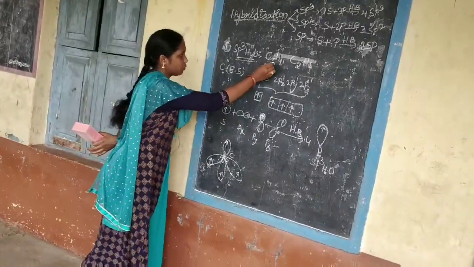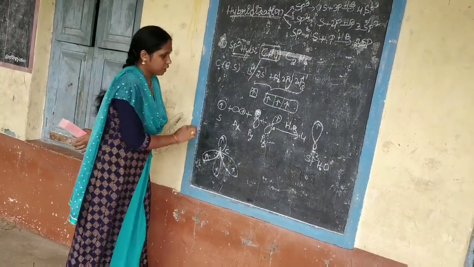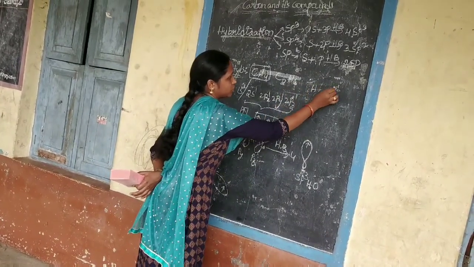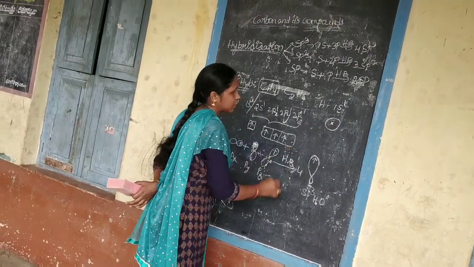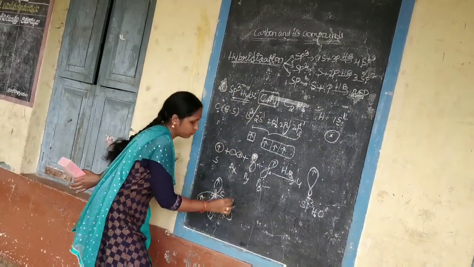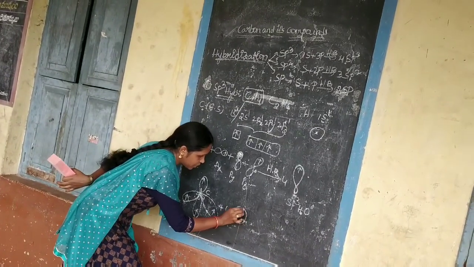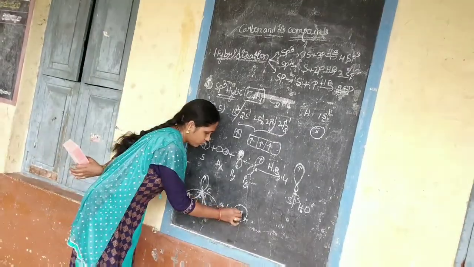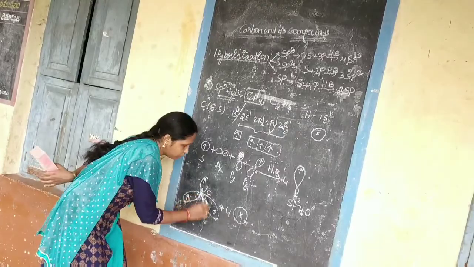Here in a CH4 molecule, we have one carbon atom and four hydrogen atoms. The hydrogen atom has configuration 1s1, which means the s orbital has a single electron. In CH4, four hydrogen atoms are there, that means four spherical shapes, each with a single electron. Here I am indicating the electron with a cross. This is a carbon nucleus.